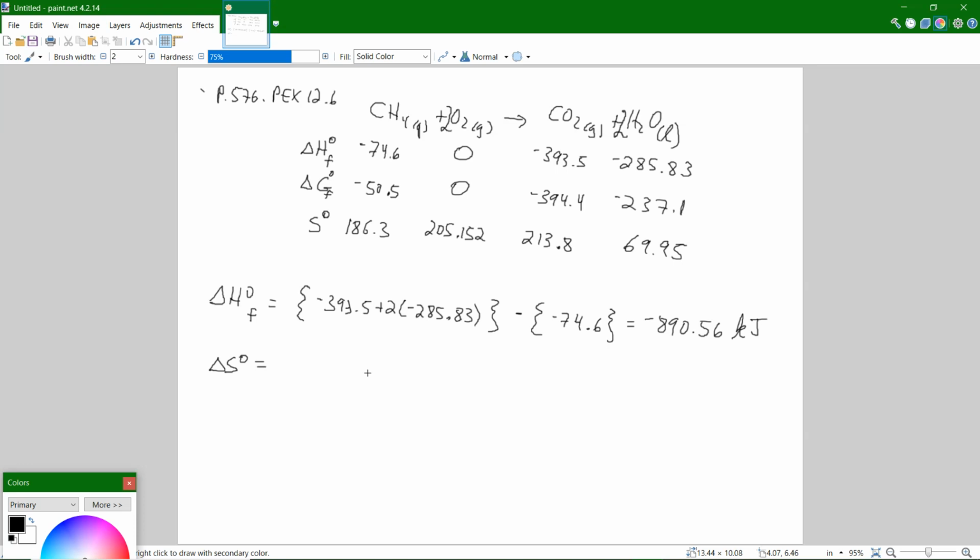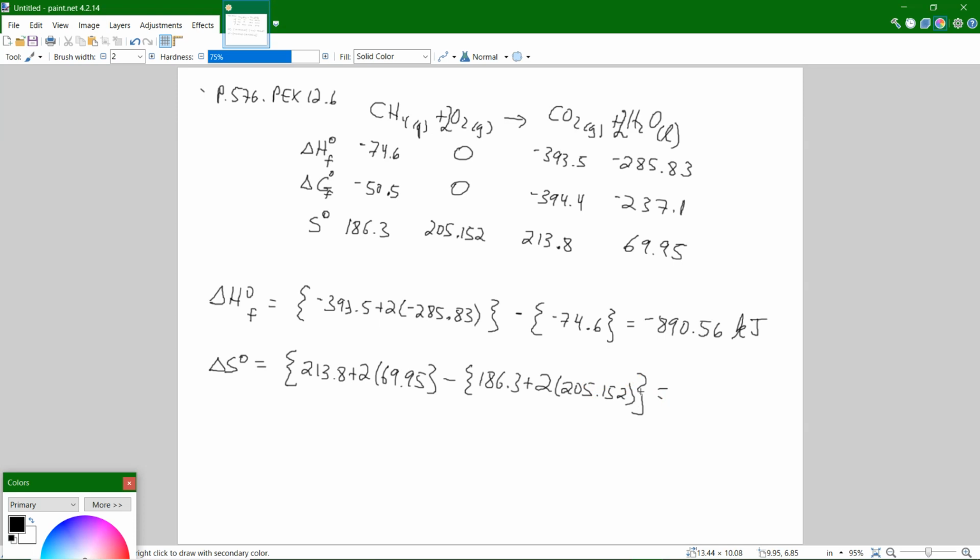And delta S naught: CO2 is 213.8 plus 2 times 69.95, minus 186.3 plus 2 times 205.152.